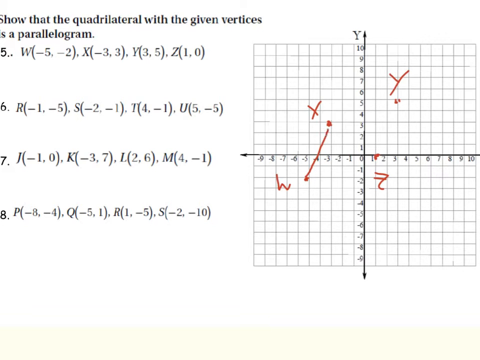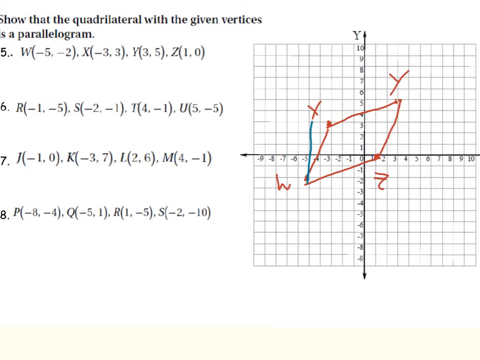All right, so if I try to connect my vertices, they want us to show that it is a parallelogram. Now we have all of these properties available to us, and we have the definition. So one of the ways that I can show you that this is a parallelogram is to find the slope and make sure that my opposite sides are parallel.